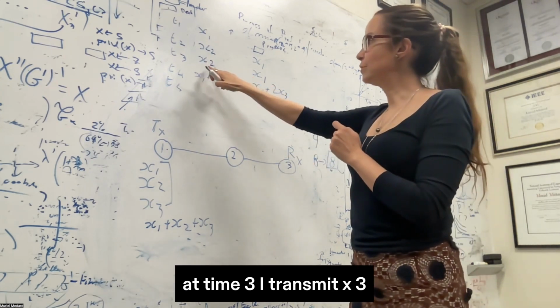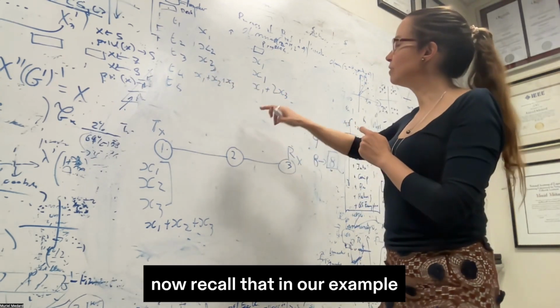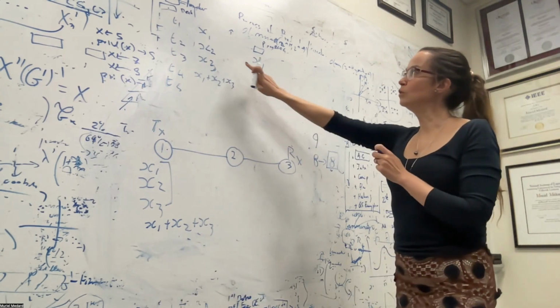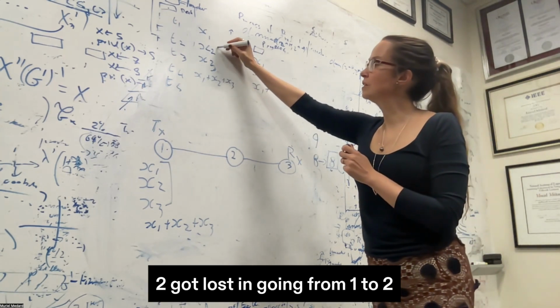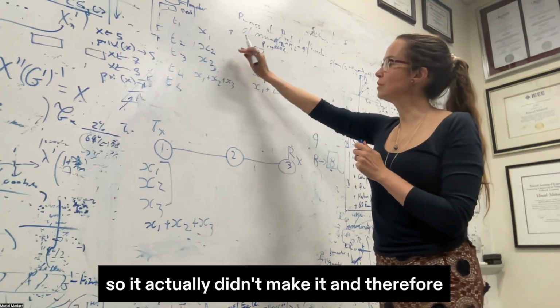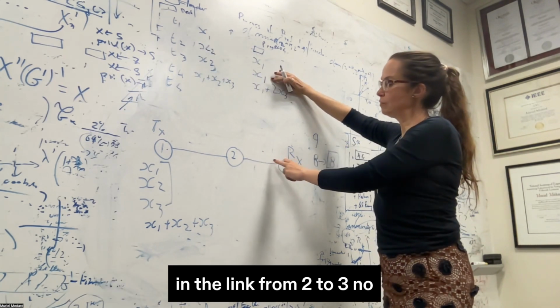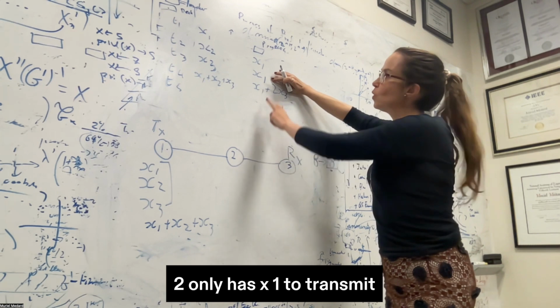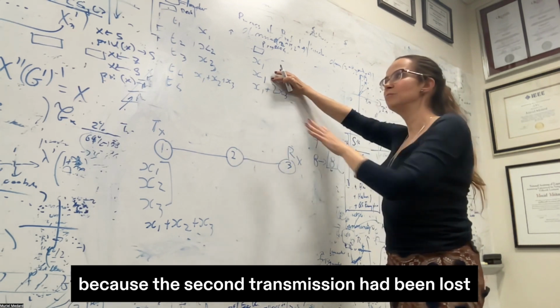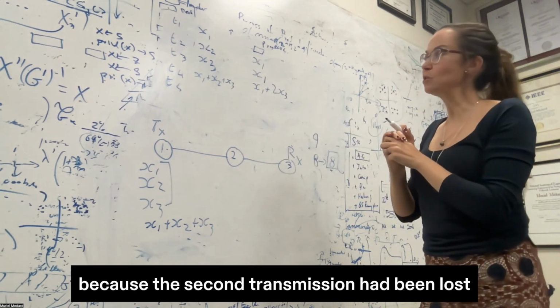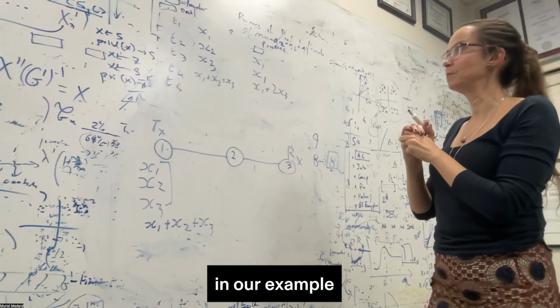At time 3, I transmit x3. Now recall that in our example, x2 got lost in going from 1 to 2, so it actually didn't make it. And therefore, in the link from 2 to 3, node 2 only has x1 to transmit because the second transmission had been lost in our example.